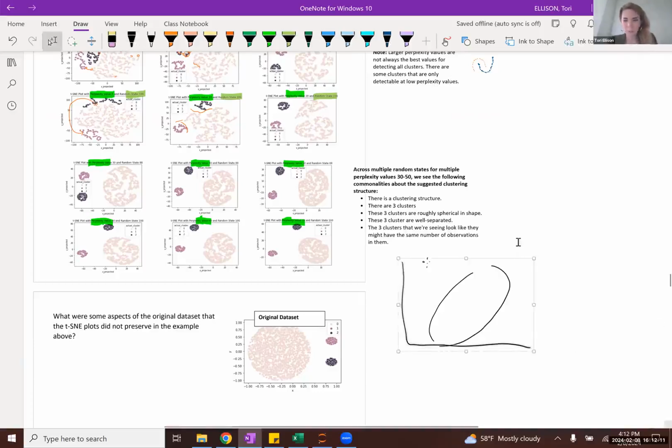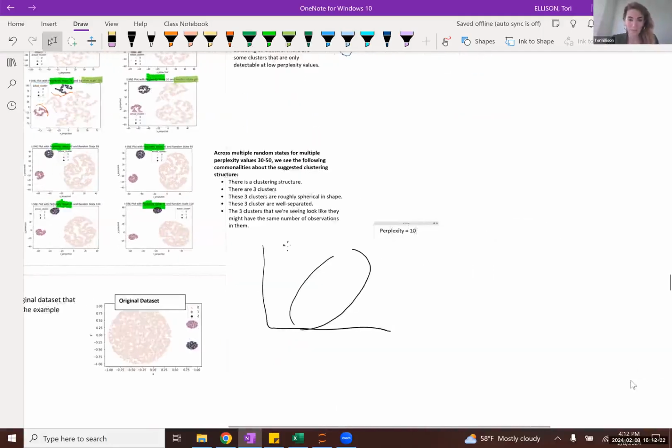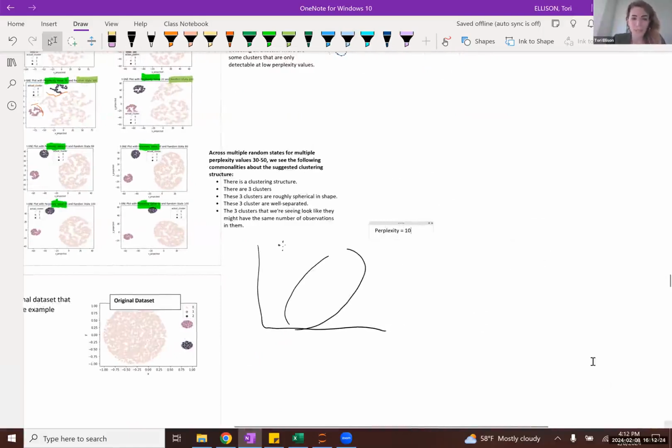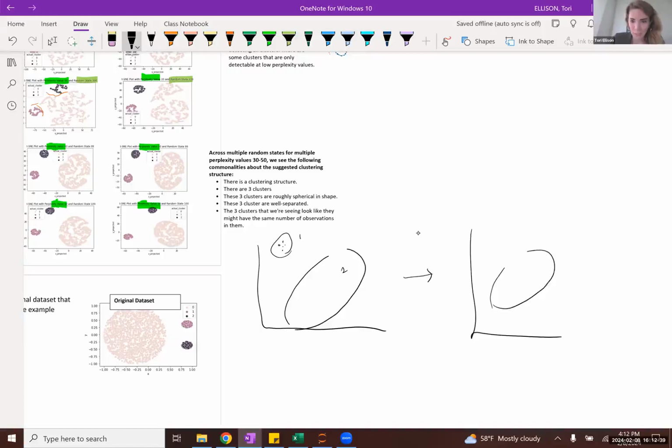And let's just say you set your perplexity value to be anything. So this is a cluster, and this is a cluster. Then more likely than not, all of your TSNE plots are going to look like this.